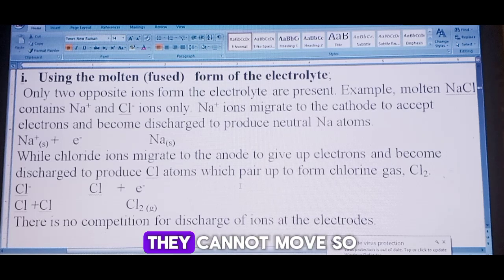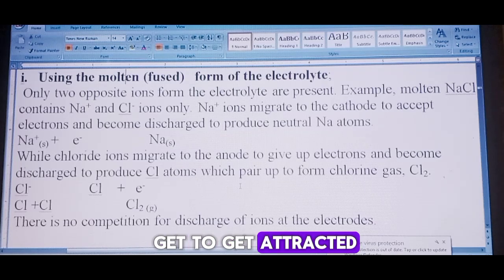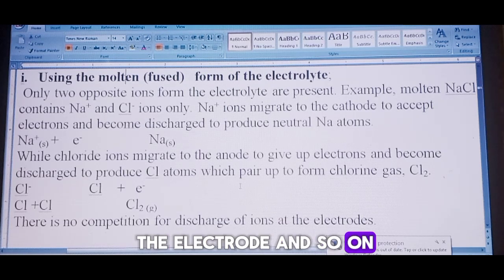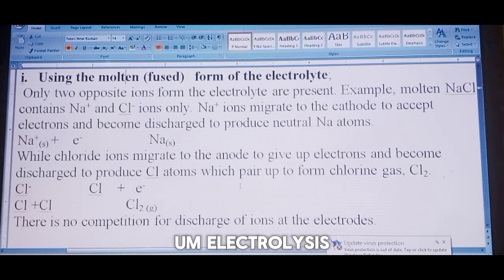They are in one place, they cannot move. So for it to get attracted to the electrode, the electrolyte has to be mobile. There are other factors like the nature of the electrode and so on. So these are the factors that affect electrolysis.